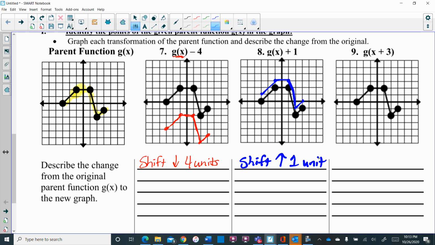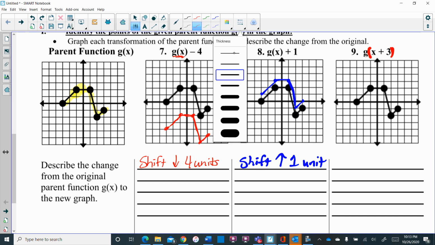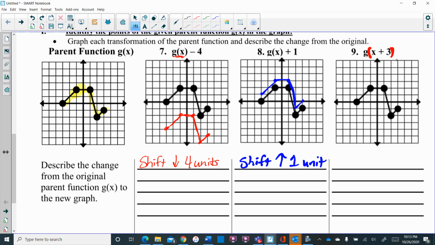Now, notice that we have parentheses here. The adding or subtracting is happening inside the parentheses to the x, and the x is your horizontal. So that plus 3 means I've got to do the opposite.